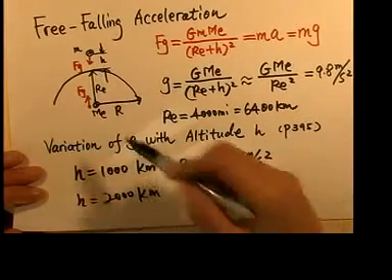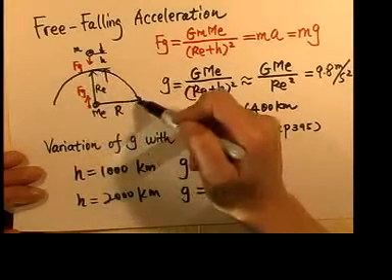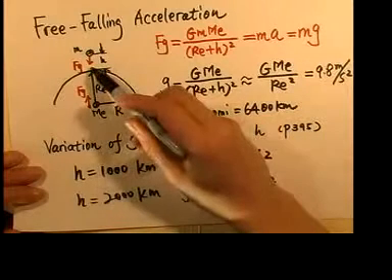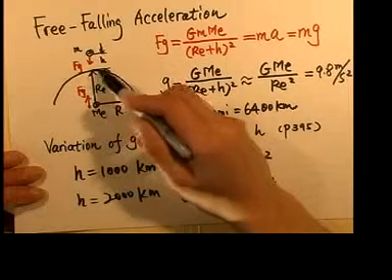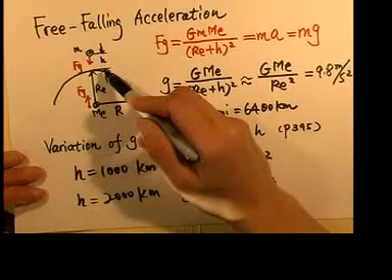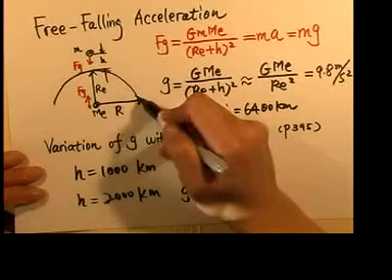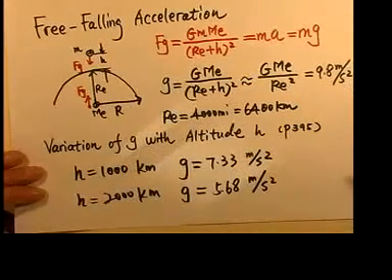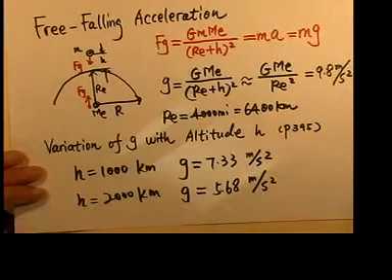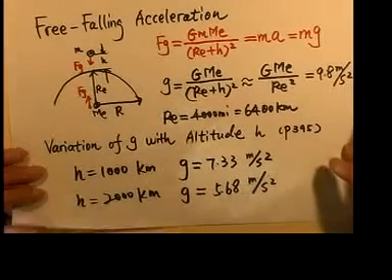So the g at North Pole, South Pole will be relatively bigger compared to the g at equator. So for example, the country Sweden, which is pretty close to the North Pole, has a g value around 9.83 meters per second squared. But the country near the equator probably will have a g of 9.73 meters per second squared. That is the variation due to the latitude, we call. Okay.